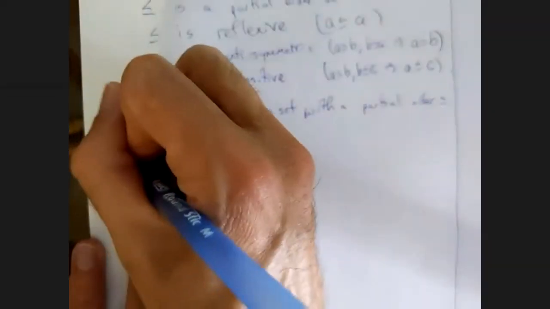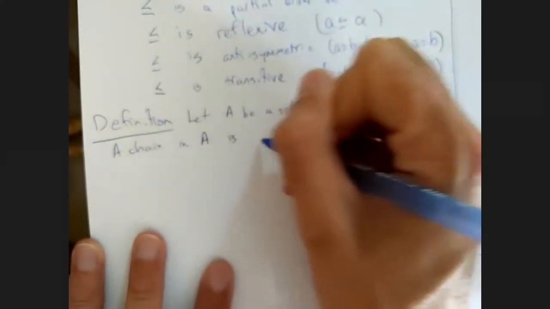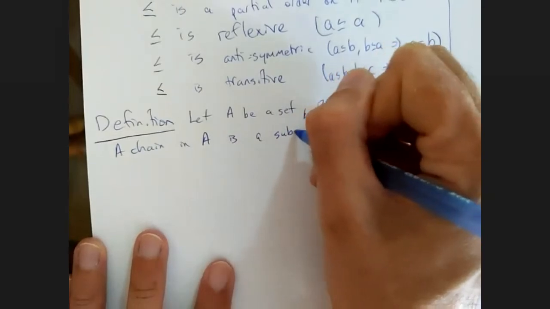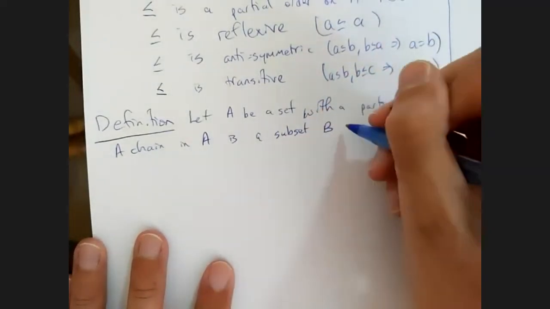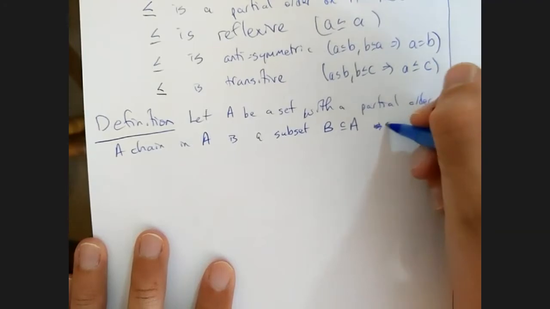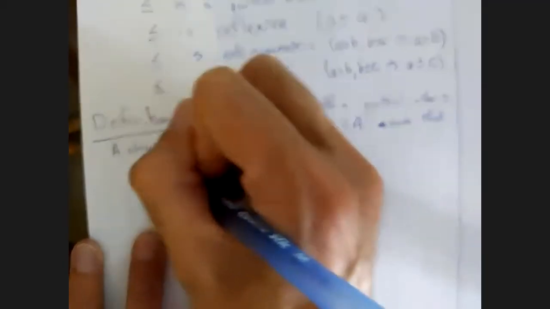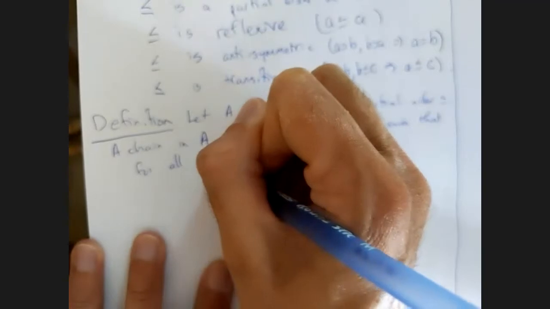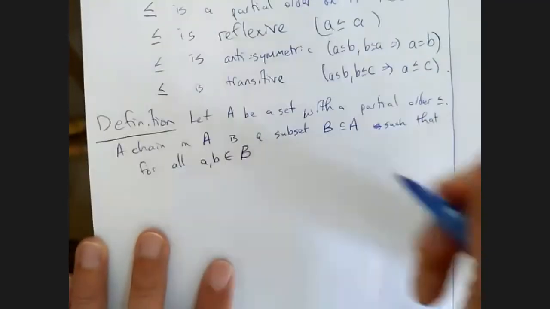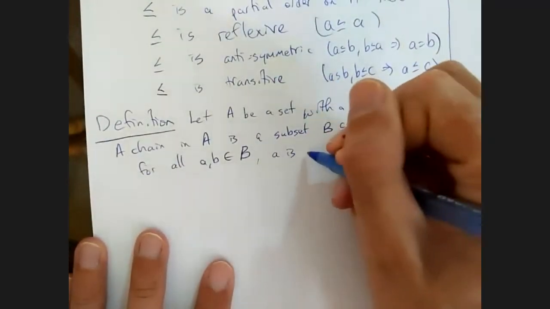A chain is a subset B of A such that for all A, B in our subset, A is comparable to B.